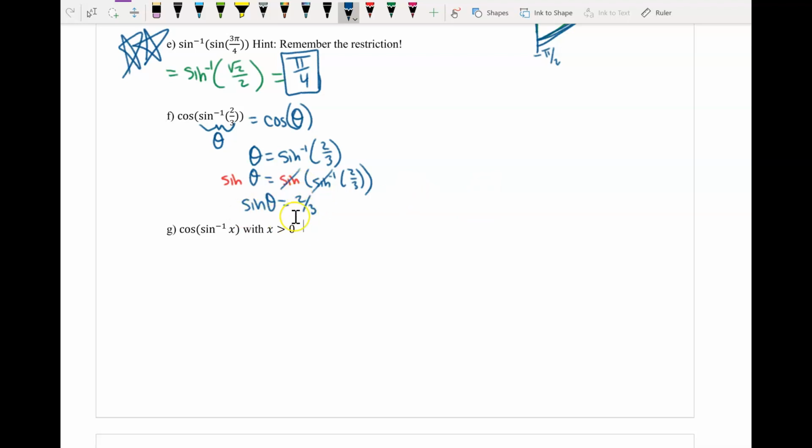So this is just a triangle. If you think of a right triangle, here's theta. Sine theta is the opposite over the hypotenuse, so it's going to be 2 over 3. How can I figure out the adjacent side? Well, I can just use the Pythagorean theorem. A squared plus 2 squared equals c squared, which is 3 squared.